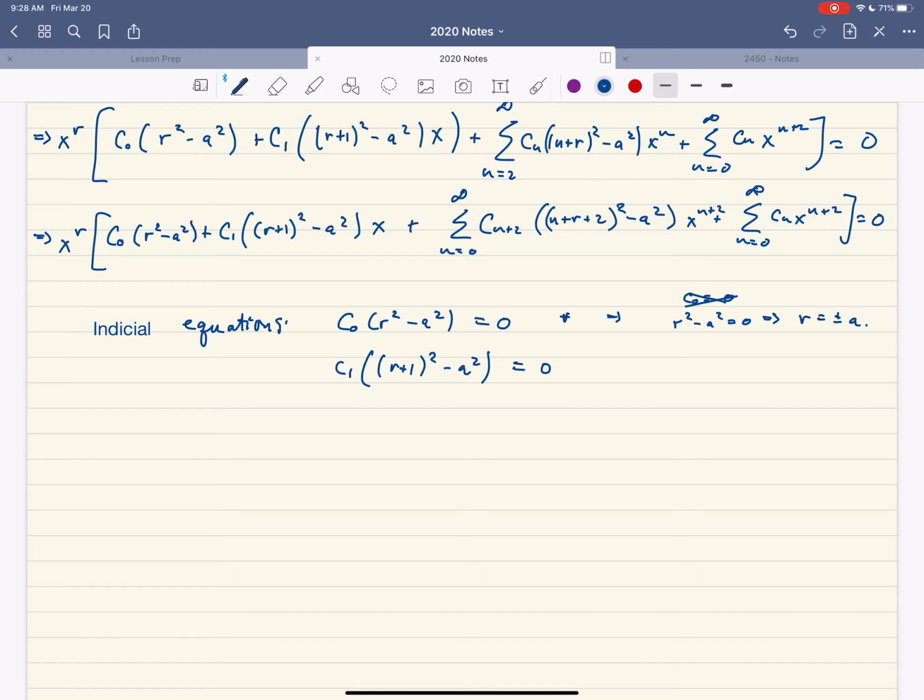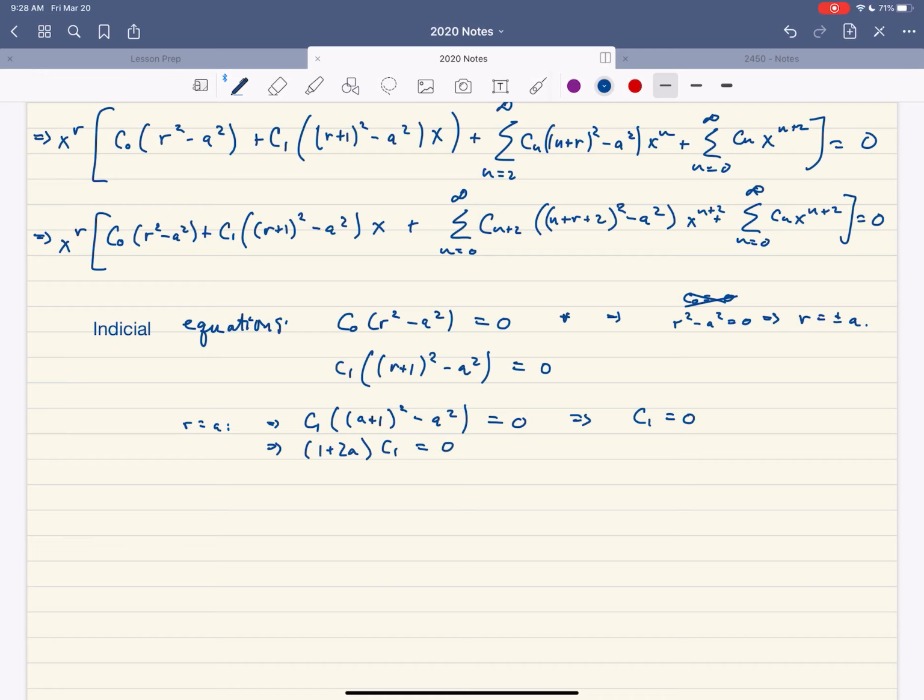So if r is equal to a, then our second indicial equation is going to be (a plus 1) squared minus a squared times C1 is equal to 0. And actually the only way that can happen is if C1 is 0. So we do actually get that C1 is 0, because this reduces to (1 plus 2a) times C1 is 0, and a is arbitrary.